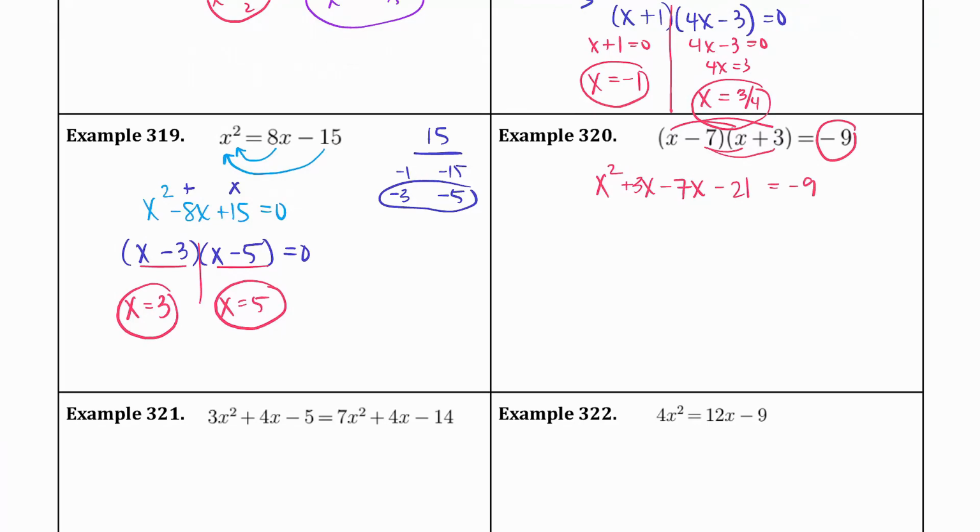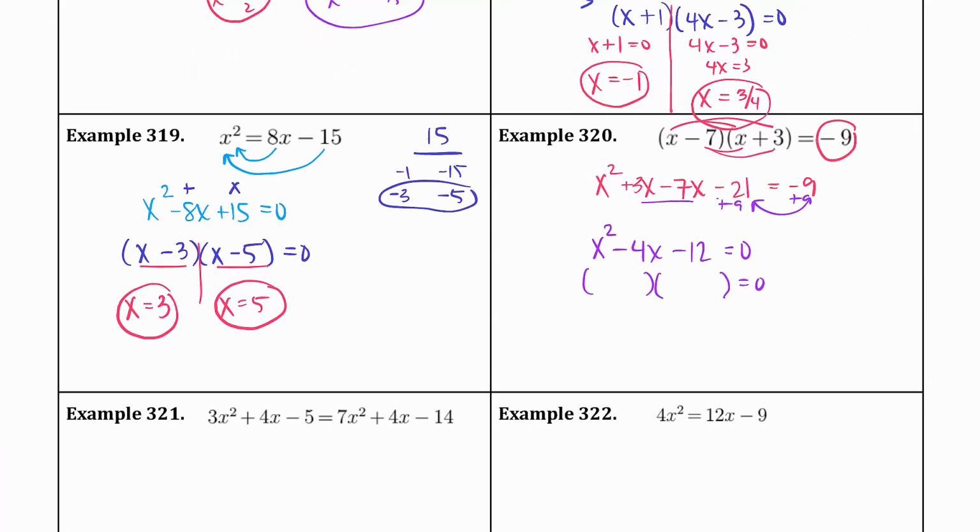Now I'm going to move this -9 to the left side, so let me add 9, add 9. At the same time, I'm going to combine these like terms. So I end up with x squared minus 4x, negative 21 plus 9 is negative 12, equals 0.